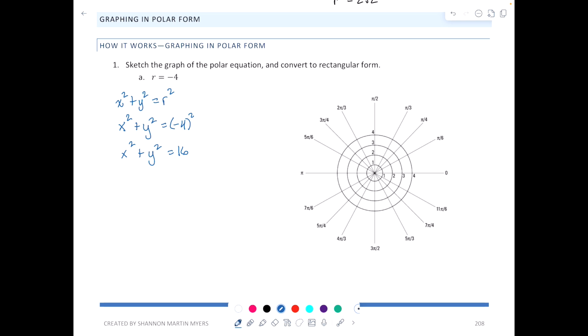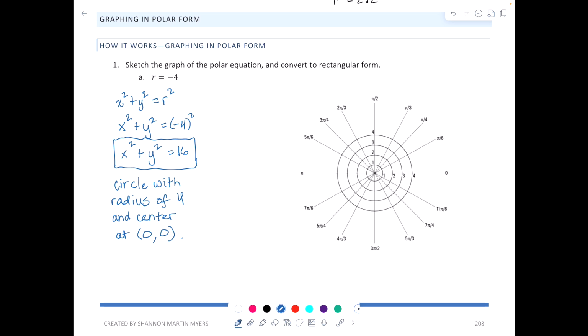And this is the equation in rectangular form, and it happens to be a circle with radius of 4 and center at the origin, at 0, 0.